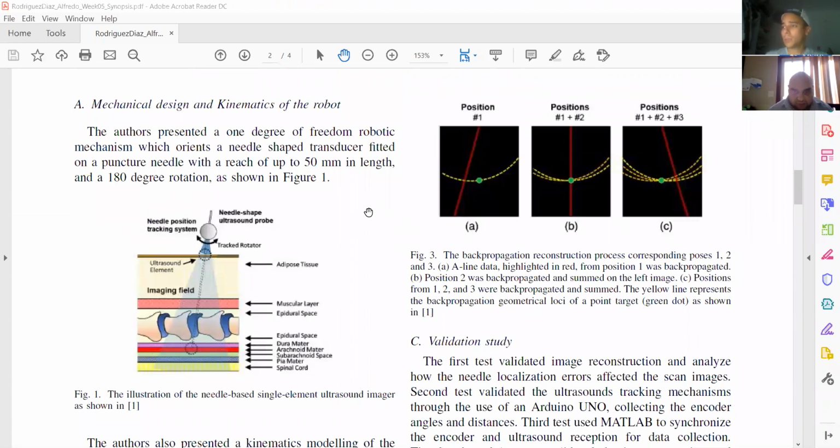So they use what's called the backpropagation reconstruction algorithm, which is highlighted here.